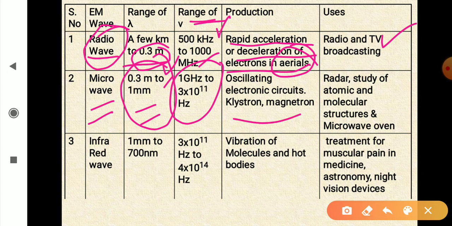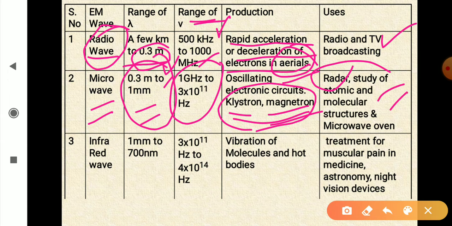And they are also produced by oscillating electronic circuits. And we have microwave ovens, which consist of a magnetron or klystron. So microwaves are used in radar, and they are used to study atomic and molecular structure, and in microwave ovens for the sake of cooking.